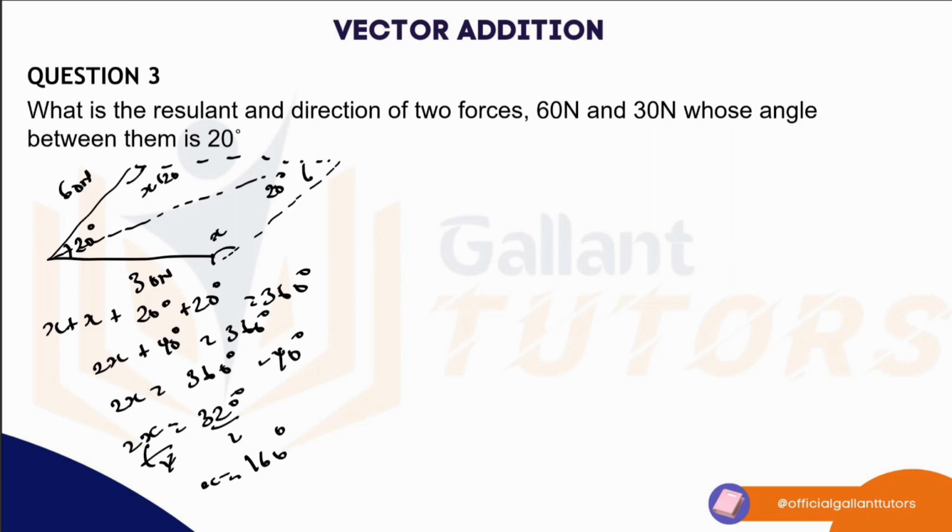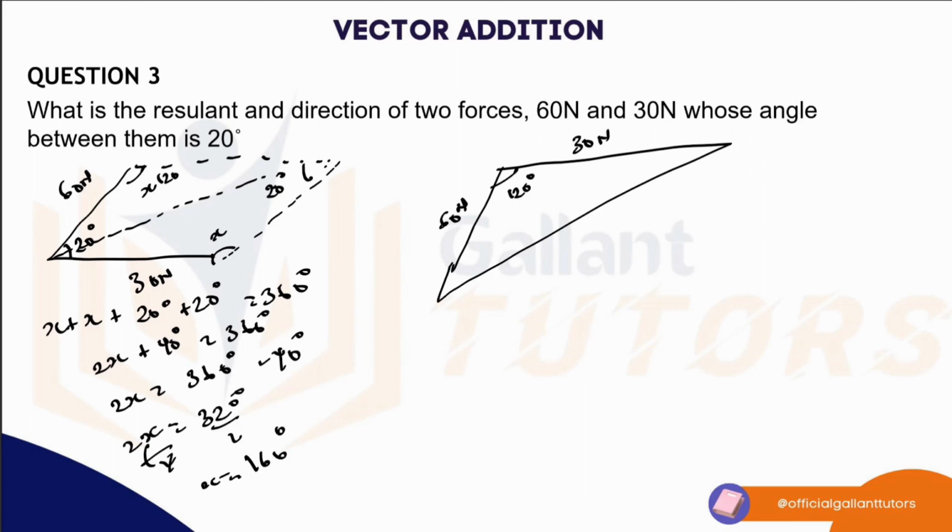So where they meet is where your resultant will be. So we have something like this. Right, so we have 120 degree, we have 30 Newton, and we have 60 Newton. We're looking for our R. We are still going to make use of our resultant force formula, which is F1 squared plus F2 squared minus 2 F1 F2 cos theta.